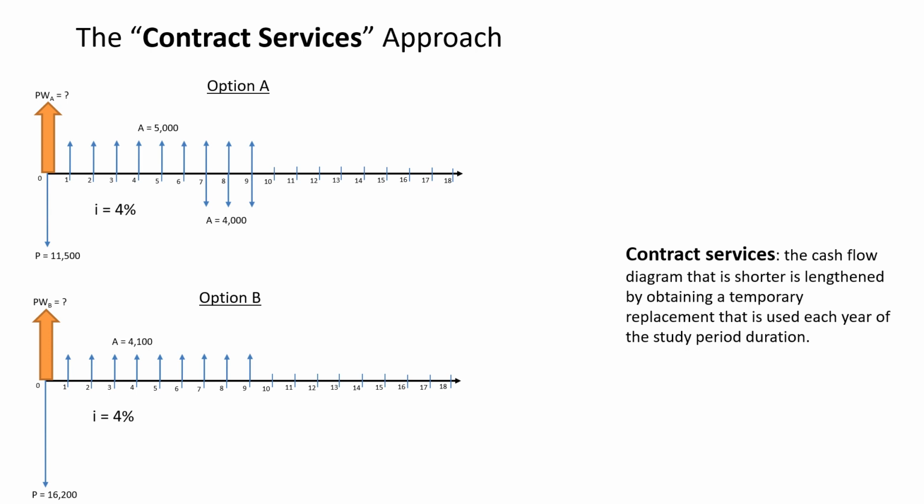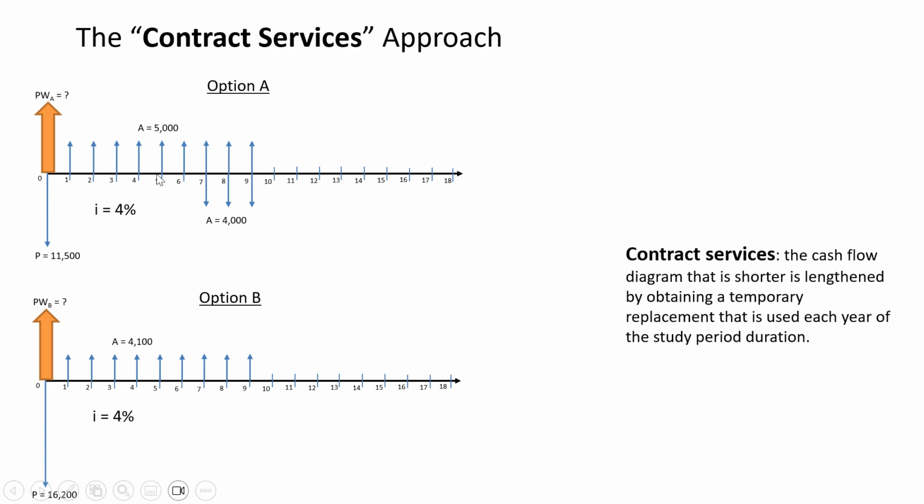And so contract services just says, let's take the short option, do it, and then when that equipment is worn out and disposed of, we'll just go to Sunbelt Rentals or Bosley or someplace, and rent the equipment for however many years it takes us to the end of the study period.